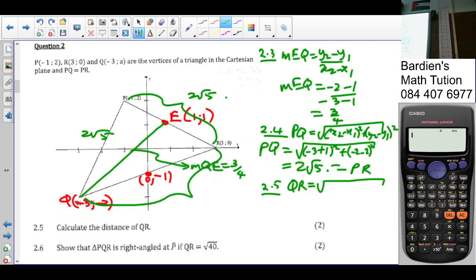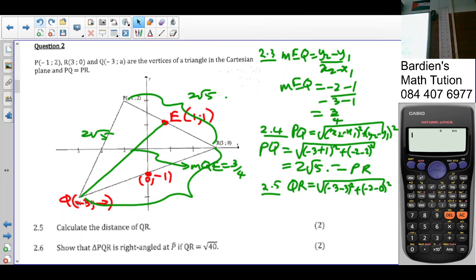So if I make this x1, y1, it will be x2, y2. So it's going to be 3, negative 3 minus 3 squared plus negative 2 minus 0 squared.